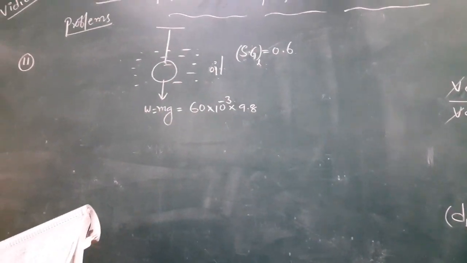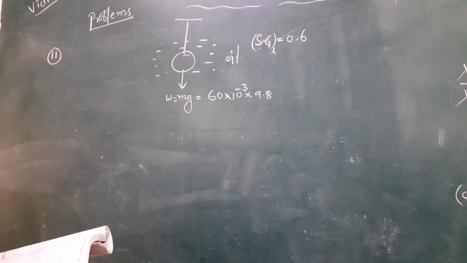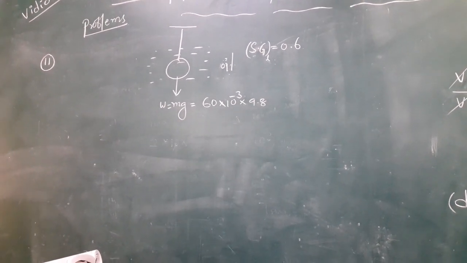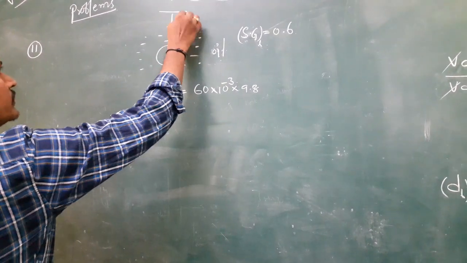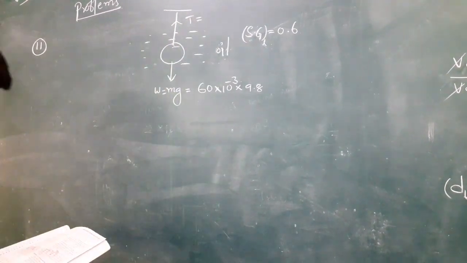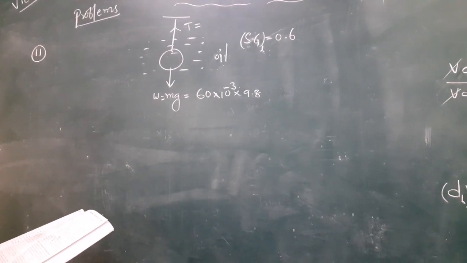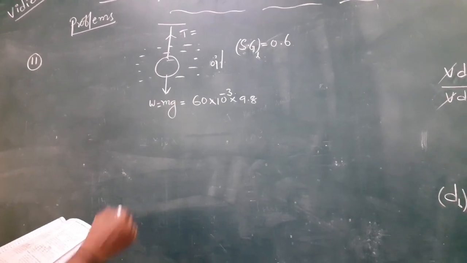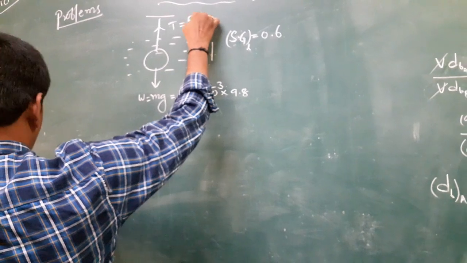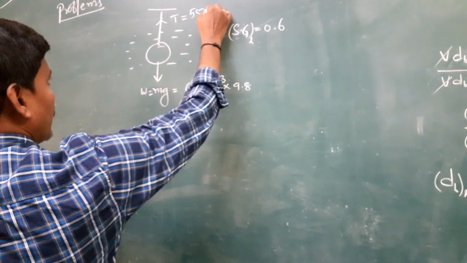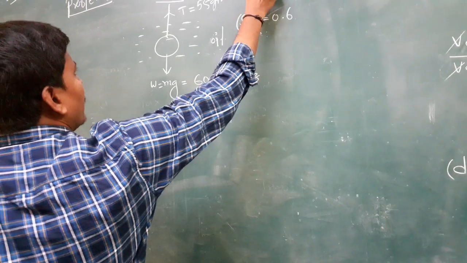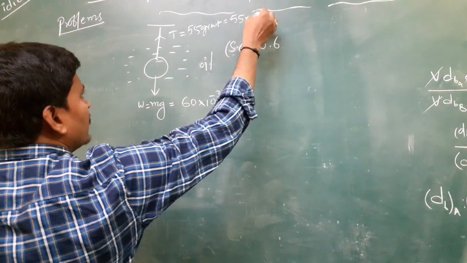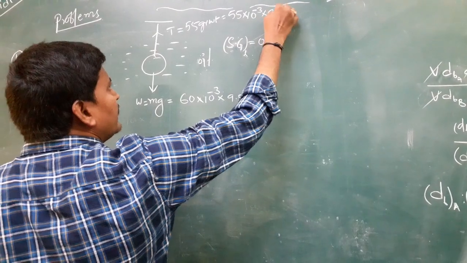Next question. The tension in the thread is mentioned. T is equal to 55 gram weight, that is 55 into 10 power of minus 3 kg into 9.8.